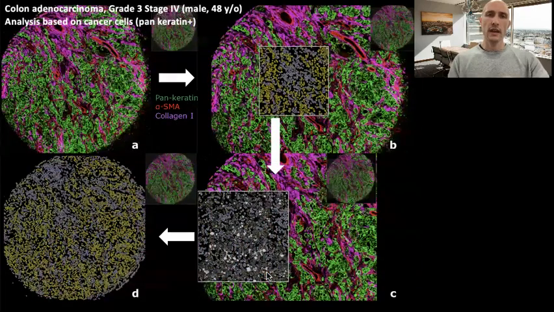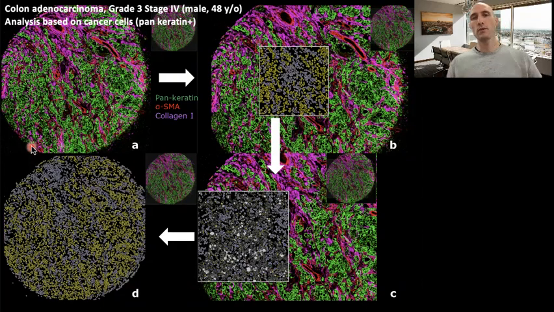So after training our software, we based our study on two different groups of markers. The first group are cancer markers, and the other group are immune cell markers. As you can see here, we ran segmentation on our cores, and the software did a great job identifying our PK positive cells.